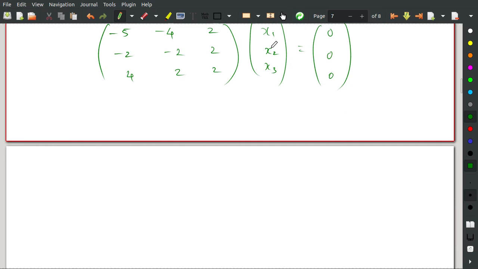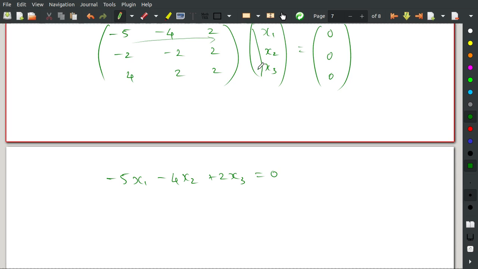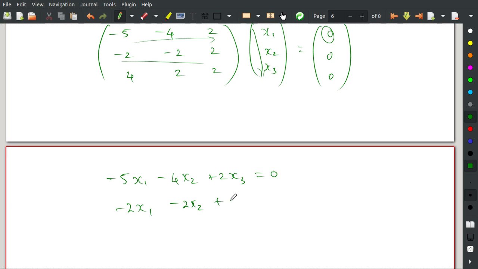If we perform the matrix multiplication, we have minus 5x1 minus 4x2 plus 2x3 equals 0. Similarly, minus 2x1 minus 2x2 plus 2x3 equals 0.